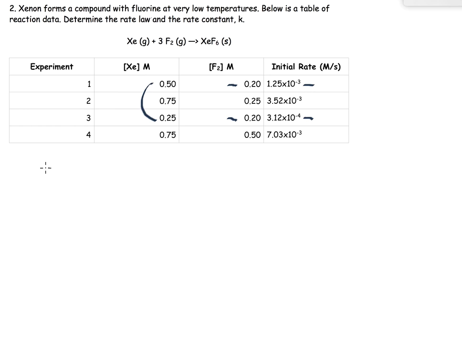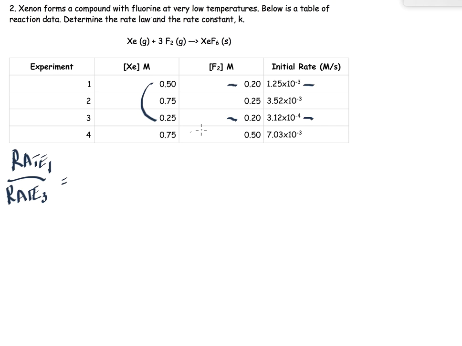So what we want to do here is calculate the ratio of the rates. And so we want to take the reaction rate for the higher concentration one, which is experiment 1, and we want to divide that by experiment 3, which is the smaller reaction rate. Okay.